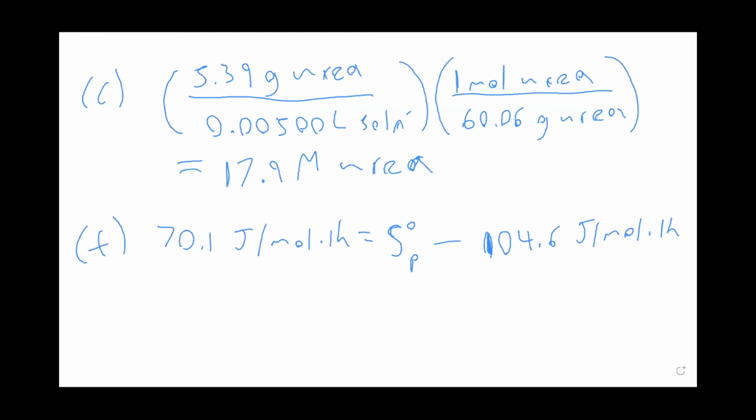Okay, so this is a simple algebra problem. You're just going to add the 104.6 joules per mole Kelvin to both sides to get the S of products. And that is going to be equal to, let me just do it on my calculator here. Okay, and of course, using sig fig rules, now we're doing addition and subtraction, so you're going to base it off of the least number of decimal places, and that's one.